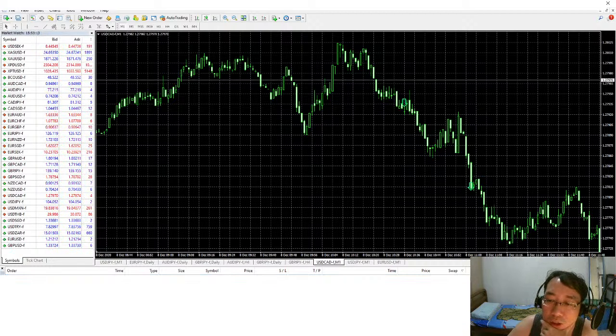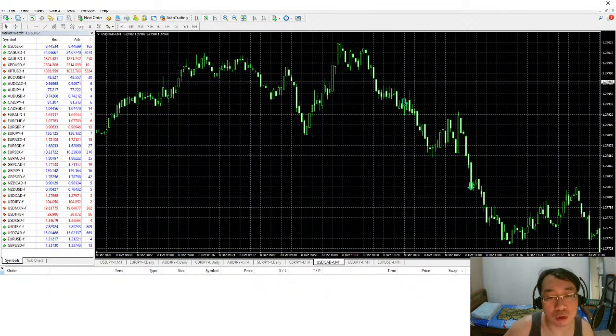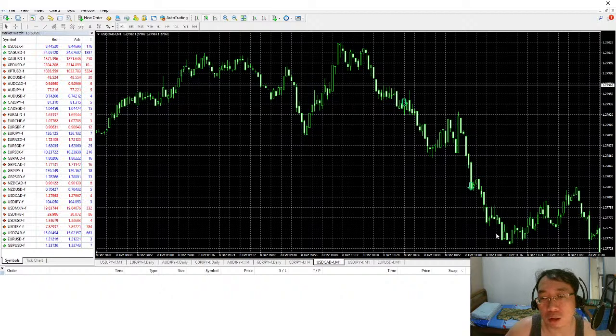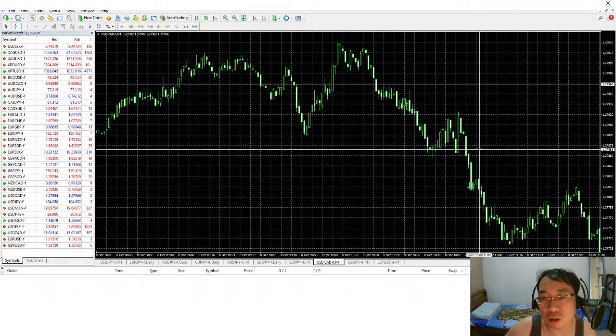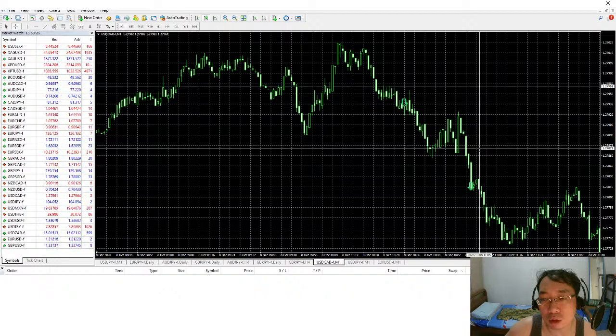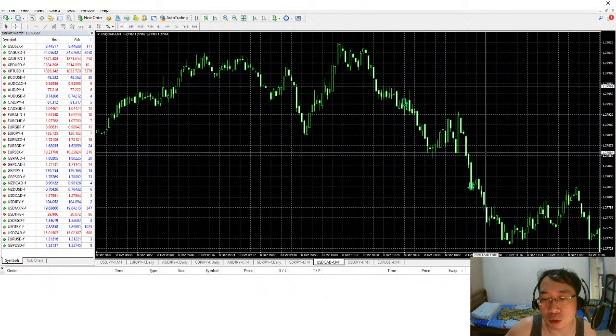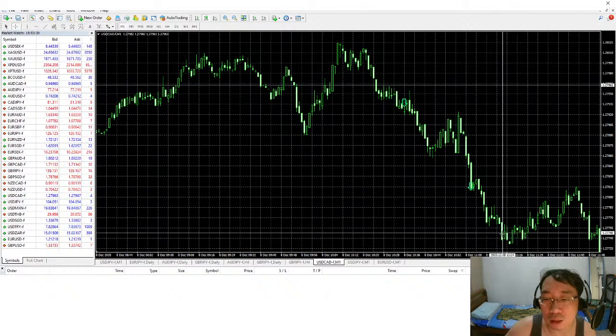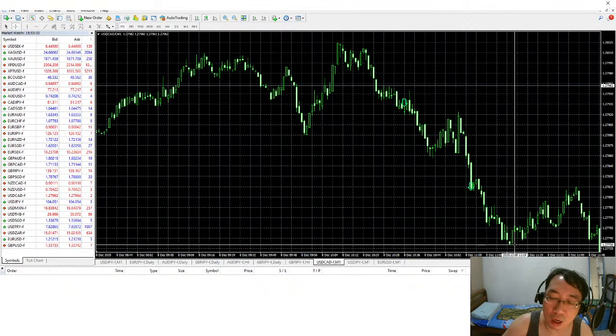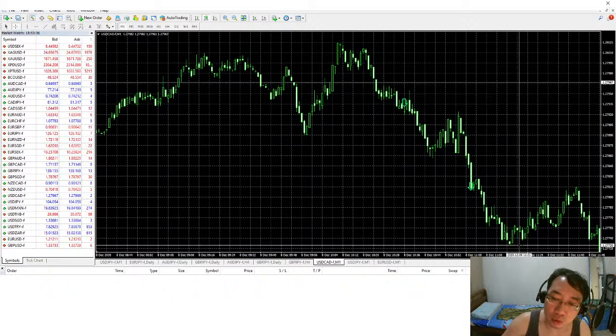So the overall lesson that I can take moving forward into tomorrow is to set a stop loss and let the trade ride out. That means don't close the trade manually. Instead, look at the latest support and resistance, the highest or lowest zone that the recent price has reached.